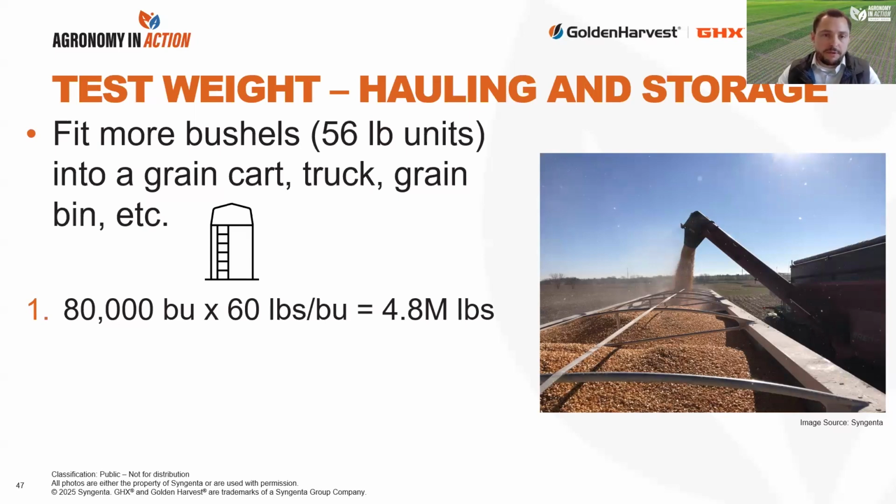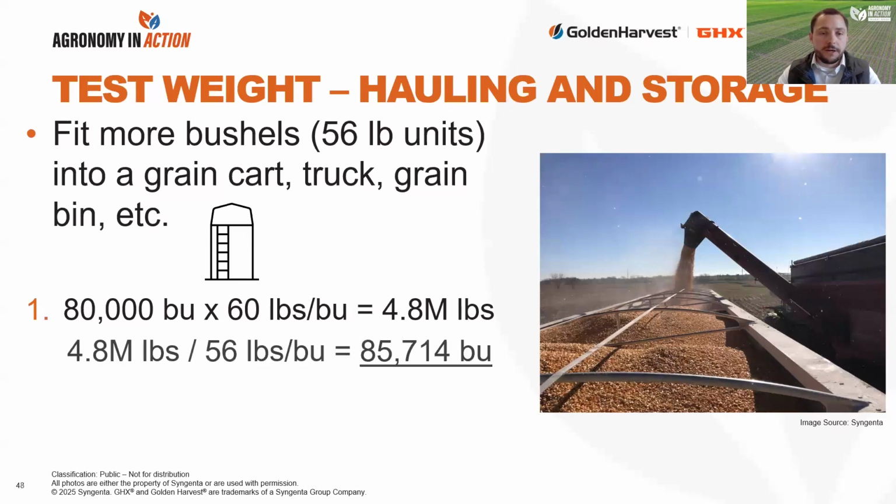So in this case, if we've got 80,000 bushels to go into our 80,000 bushel bin, and it's 60 pounds per bushel, that comes out to be 4.8 million pounds of grain. If we divide that by what a bushel is, 56 pounds, we come in at 85,714 bushels. We've got a lot of good crop there.